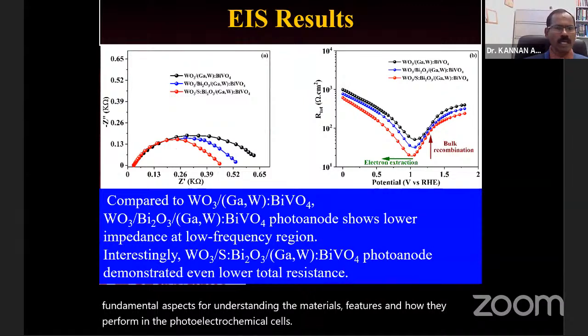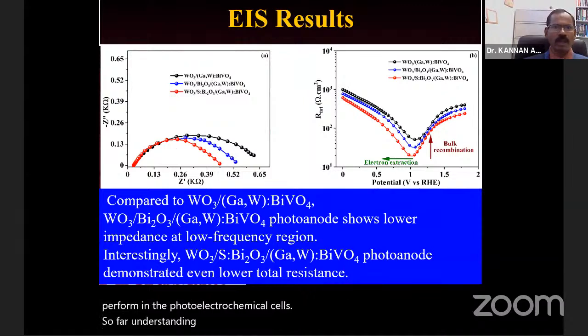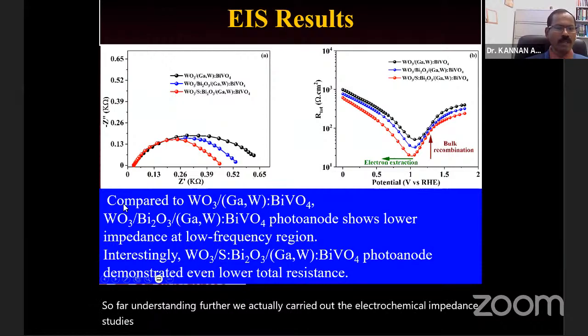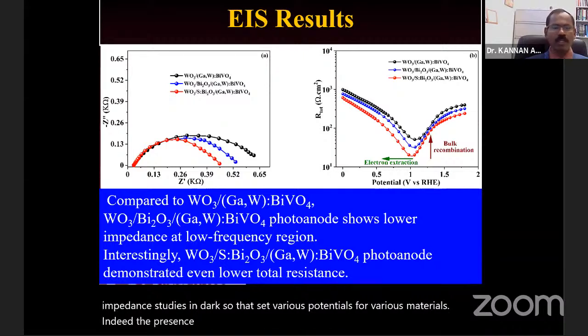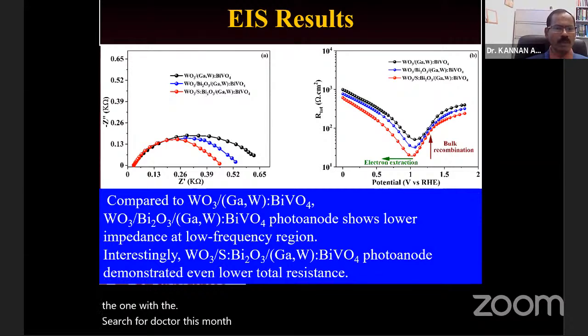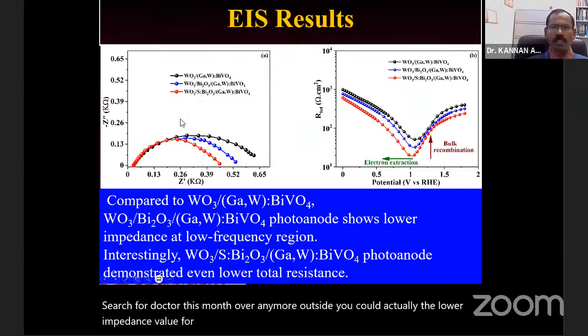To understand further, we carried out electrochemical impedance studies in dark, at various potentials for various materials, in the presence of or without hole scavengers. As you can see here, that's the one with sulfur doped bismuth vanadium oxide. You could see the lower impedance value for the one with the sulfur.